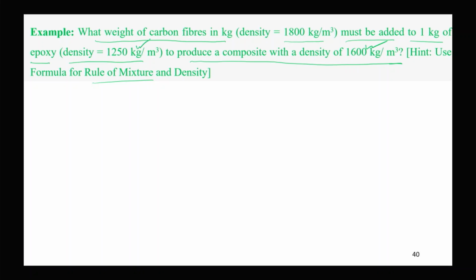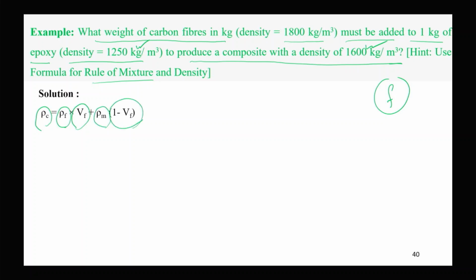We have to calculate the fiber volume fraction Vf. Now the rule of mixture: density of composite equals density of fiber multiplied by volume fraction of fiber plus density of matrix multiplied by volume fraction of matrix, which is 1 minus volume fraction of fiber.